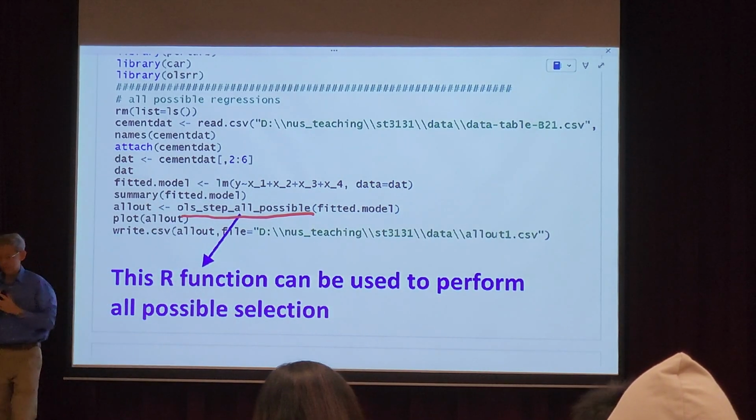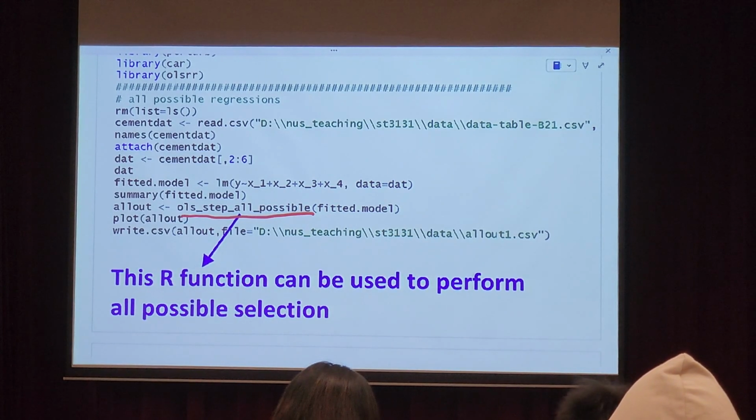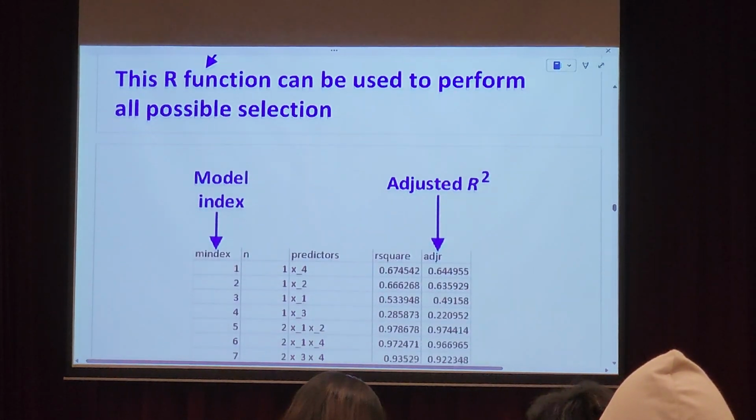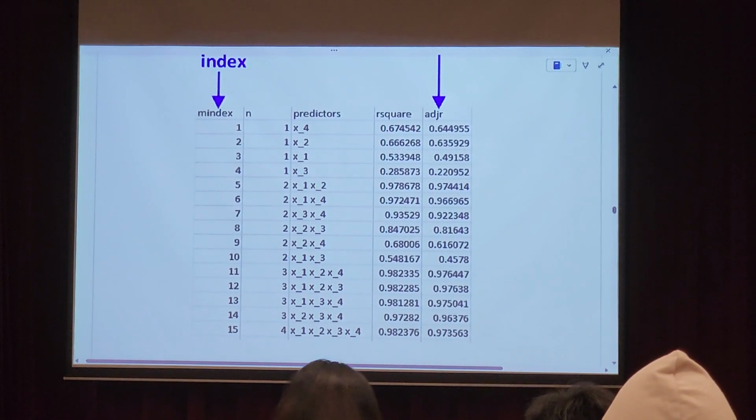Of course, you need a certain library for it to work. And then you can write out this table as a CSV file, and this is the file that will be stored. So you can check this out.